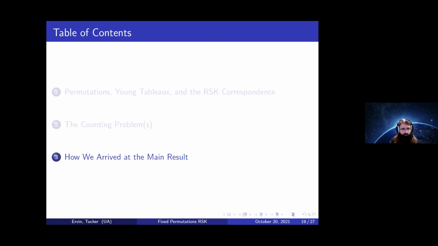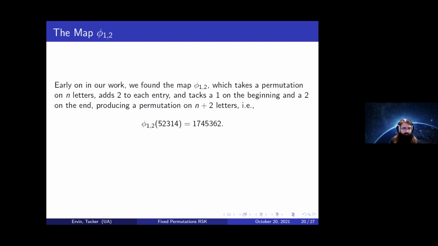So we have this map phi12. We found this early on in our work. It really is quite possibly one of the nicest permutation maps we can think of. This one is not a group homomorphism.